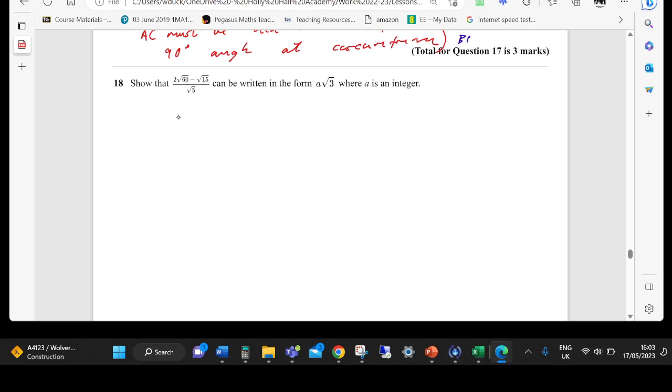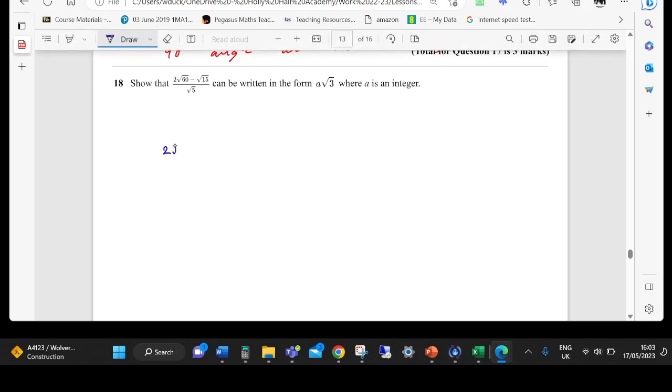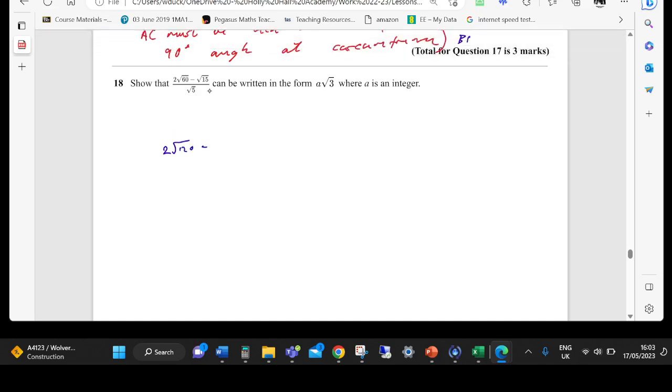I will stick with it as it is. So what I'm going to do is times both parts by root 5. So if I times both parts by root 5, I would get 2 root 60 times by 5 is 120, minus root 15 times by root 5 would be root 75, and that's going to be divided by 5.